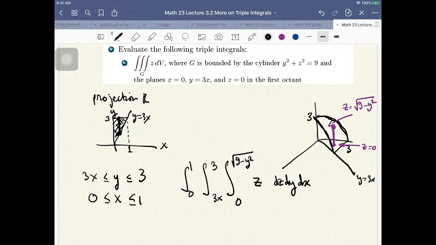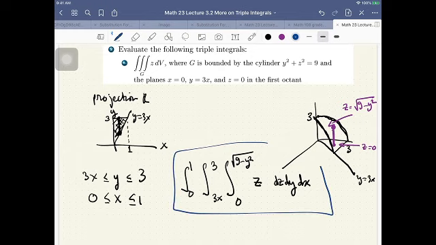I'm not going to finish the solution because this is now the most important part of the solution. I think it's easier now to do the step-by-step solution to find the value of this. Okay, so I hope you learned something today. This is the end of the lecture about triple integrals.